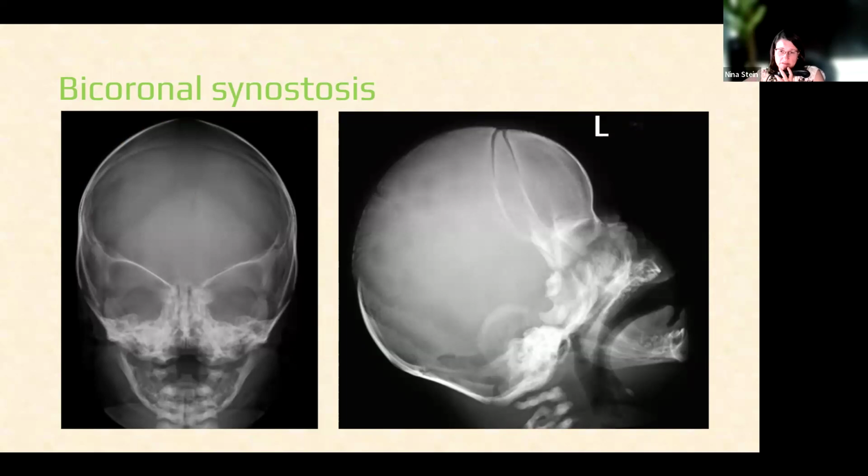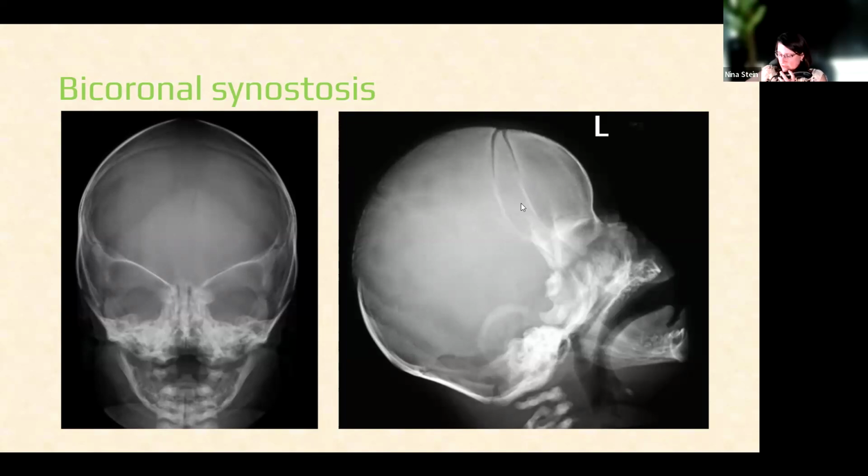Now, in this particular case here, it's a little bit more obvious, right? Despite the very prominent widening of the sagittal suture, and then we see the lambdoids, well, we can see sclerosis in the inferior aspect of the bilateral coronal sutures.